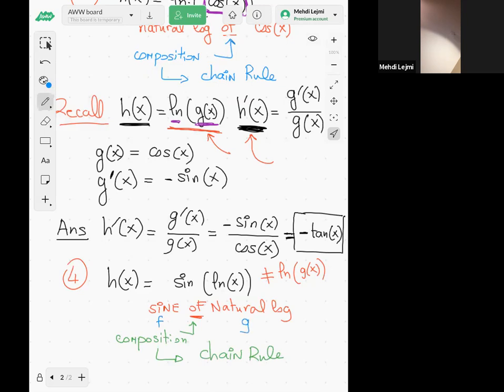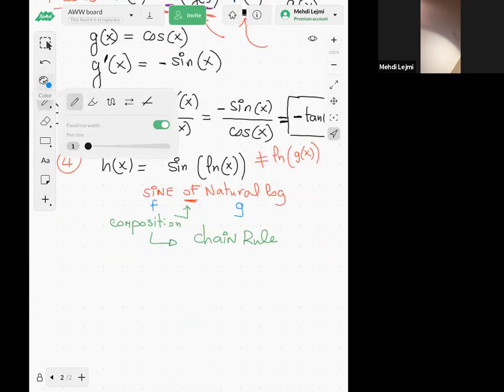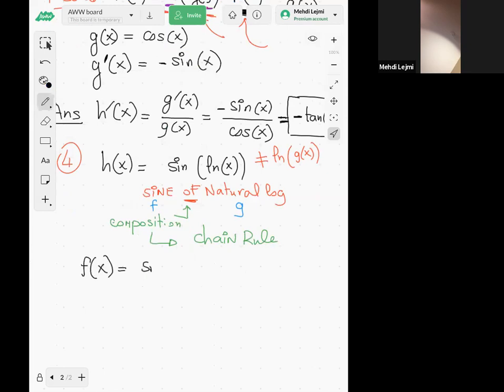All right, so my f of x is sine of x, and g of x is natural log of x. When you do f of g, we substitute this x with the g of x, so we're going to have sine of, what's g?